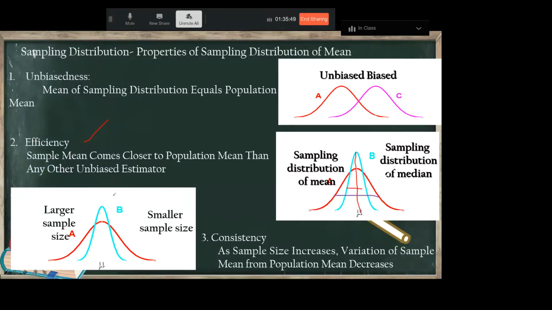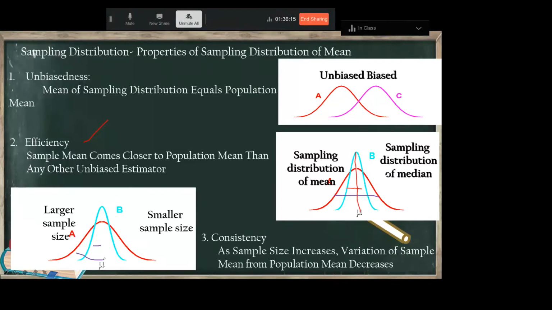Here, the smaller sample size is farther, and this larger sample size is closer. So as sample size increases, the variation of a sample mean from the population mean decreases, right? So that's the third one, consistency.